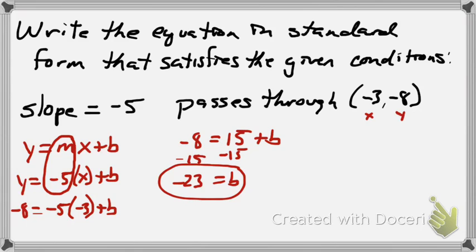We need these two pieces of information that I circled to answer the question. We need the slope and the y-intercept. We take those two pieces of information and we write a slope-intercept equation with them. Y equals -5 times x minus 23.